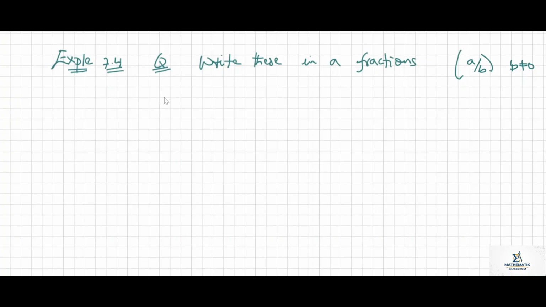We have part a, it's saying 6 raised to negative 2. For this you can write it like 1 divided by 6 raised to 2. So when in fractional form, it's a positive 6 raised to 2.